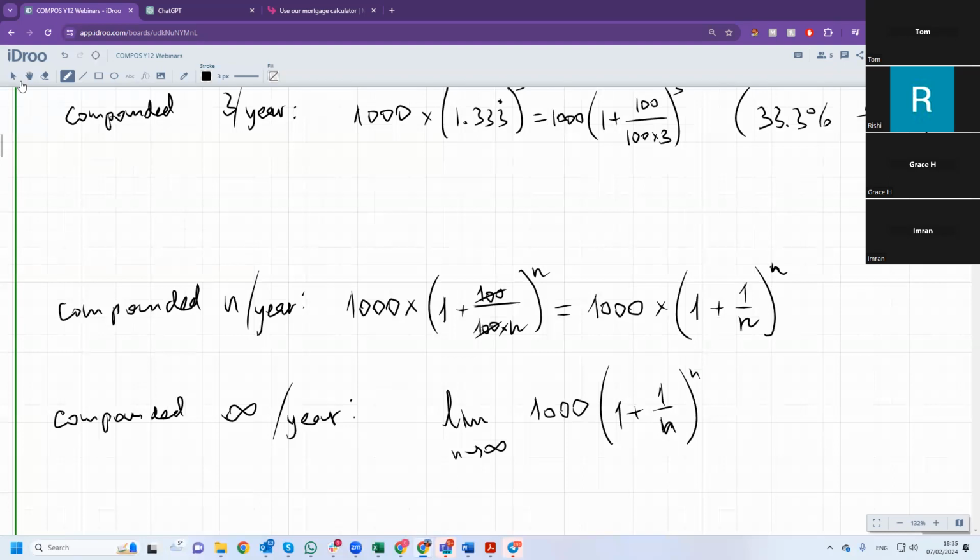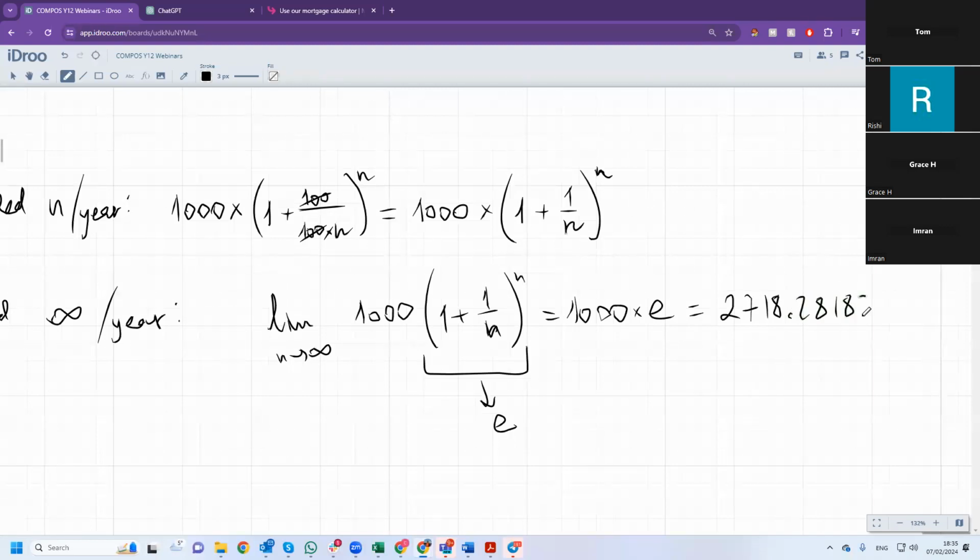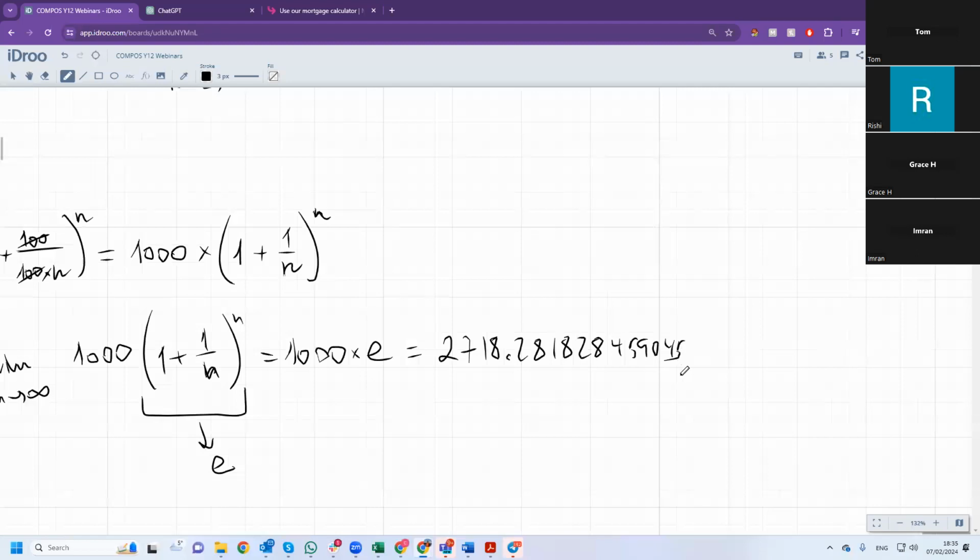And we know by definition that this value tends to e. So it's 1,000 times e, which is going to be 2,718.281828459045, etc., which is the number e.